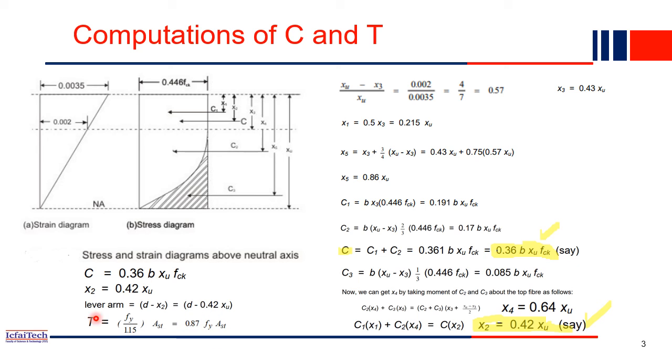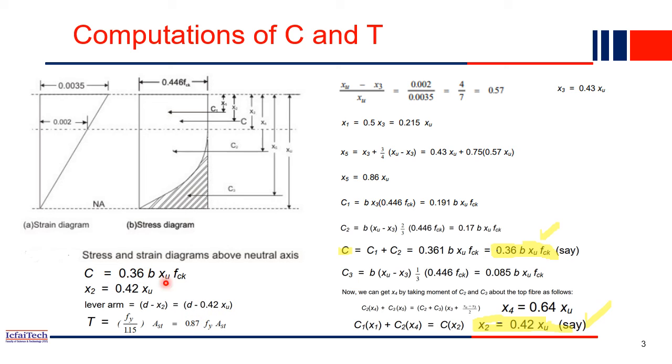Lever arm is nothing but the distance between the total compression force C and the total tension force T. That is the C to T distance, which is D, the total depth of the section, minus x2. So D minus 0.42 xu.